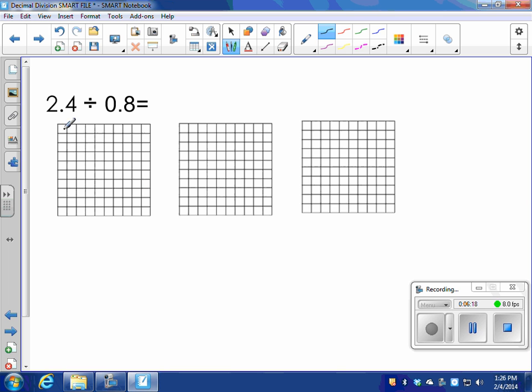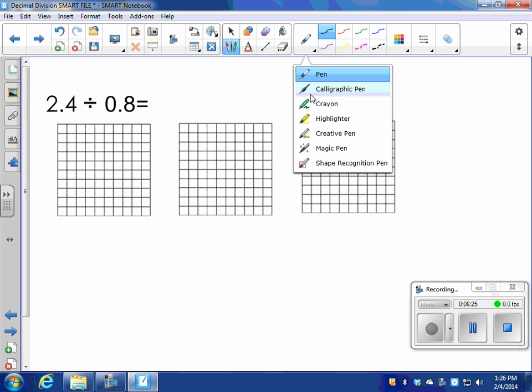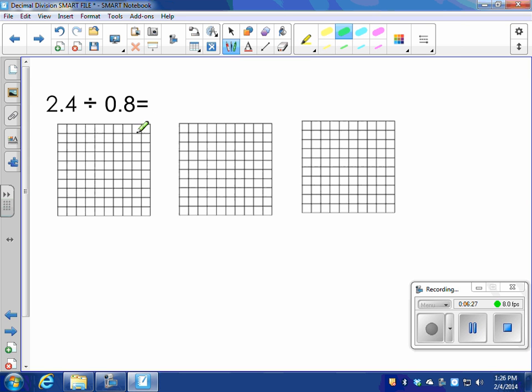Make a prediction. What do you think the answer to 2 and 4/10 divided by 8/10 will be? All right, so I'm going to use my hundreds grid. I'm going to shade this all in.